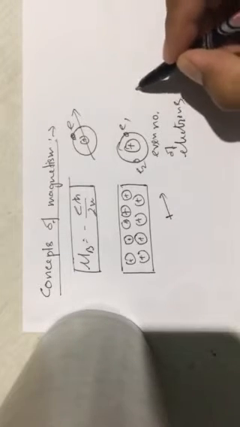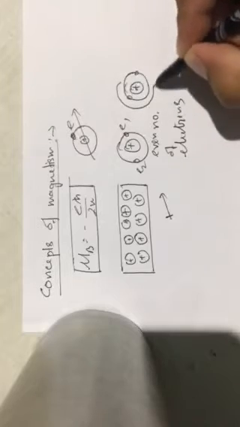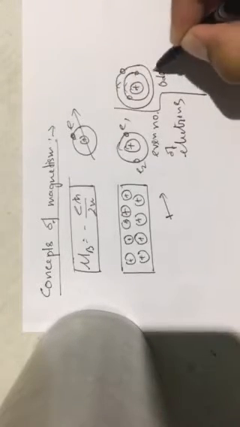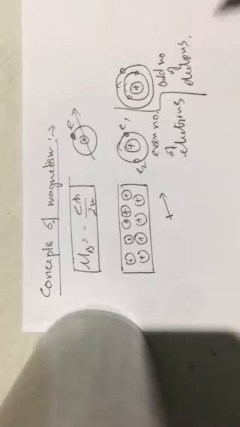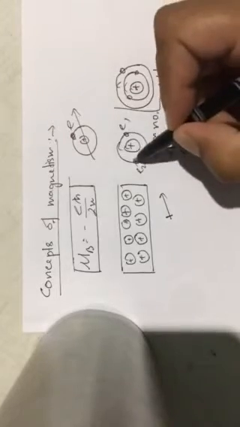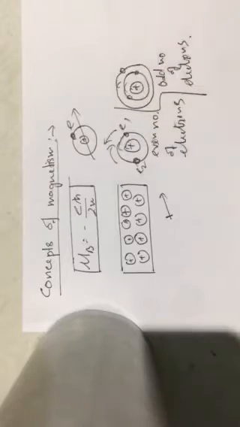Another kind is like 1, 2, 3, right? So it is an odd number of electrons. Why is this important? Because suppose one electron is moving in this direction and another electron may move in that direction, we don't know, right? So it can be random.